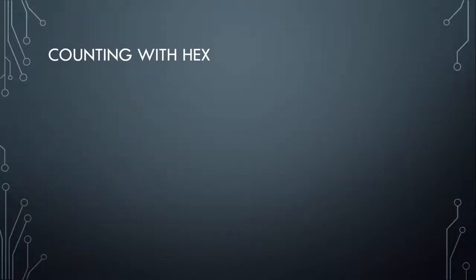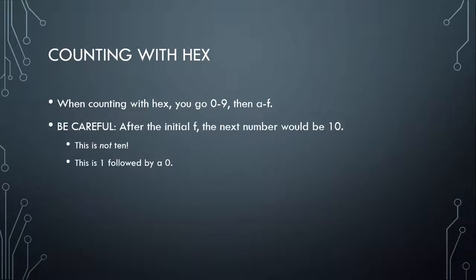Now, let's talk briefly about counting with hex. When counting with hex, you go from 0 to 9, and then A to F. I think we've established that already, that it's going 0 to F. However, I want to warn you to be careful. After your initial F, your next number is going to be 1, 0. This is not 10. It is 1 followed by a 0.